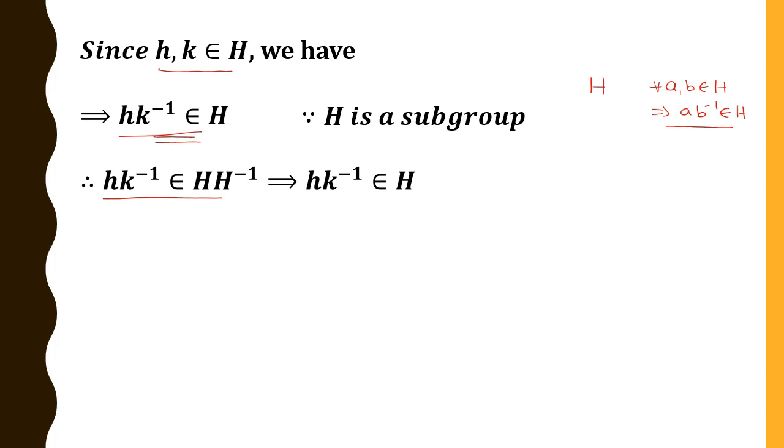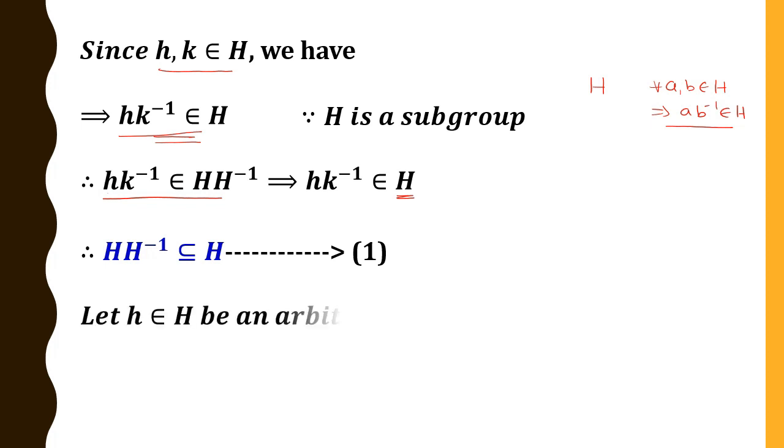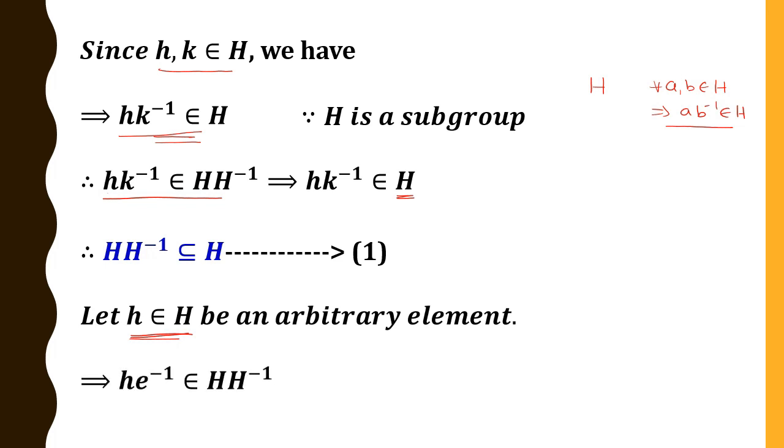Therefore an arbitrary element belongs to HH inverse, and we have proved that the element belongs to H. Therefore we conclude that HH inverse is a subset of H. We shall take this as 1. Now our aim is to prove H is a subset of HH inverse. Therefore we take an arbitrary element h in H. Then h into e inverse belongs to HH inverse.